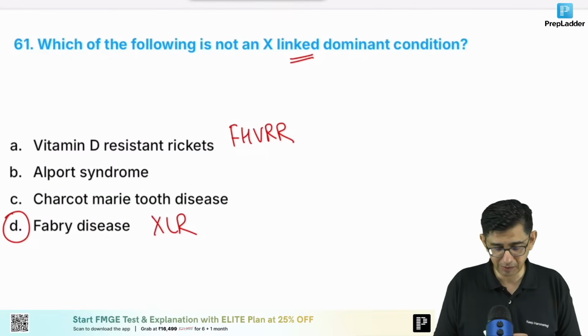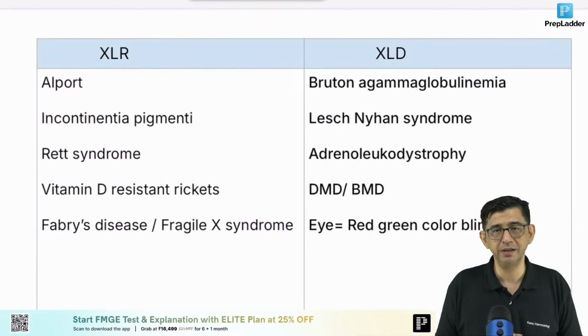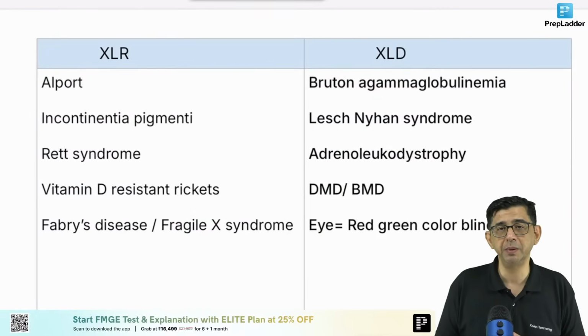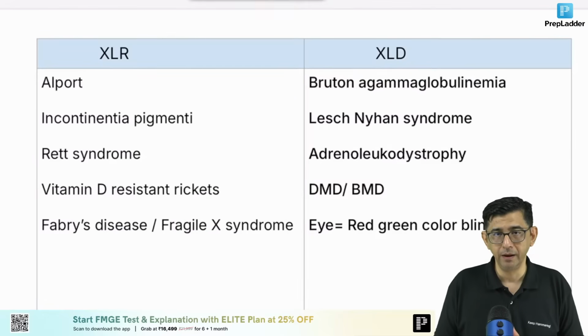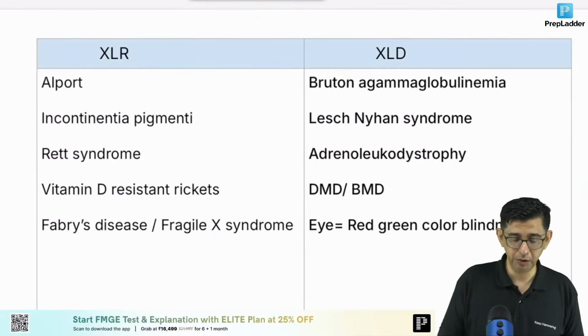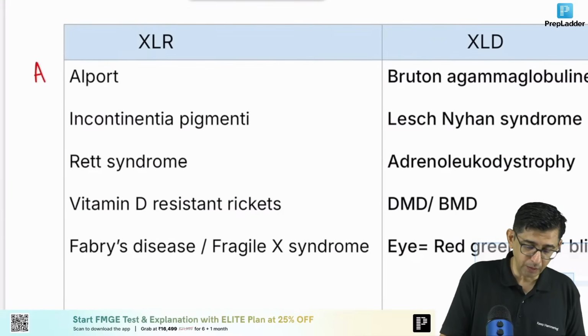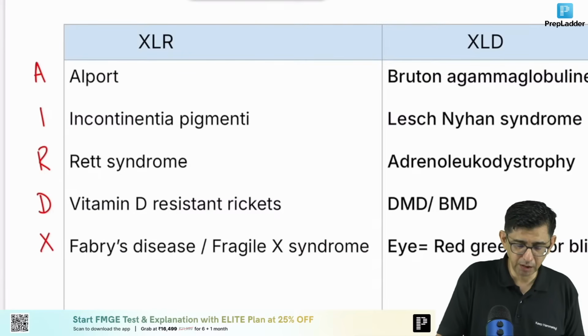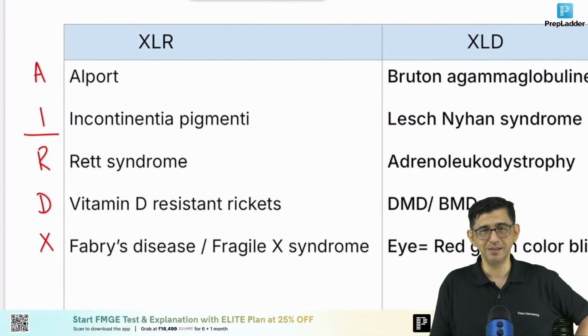It's a fact-based question. And whenever you read genetics, I think the starting point should be to try and remember XLR and XLD, then remember autosomal recessive and autosomal dominant. Here you can use a mnemonic, AI RDX. AI is for artificial intelligence and RDX is anyway something you know.